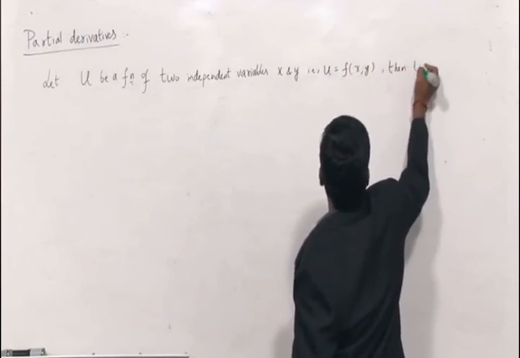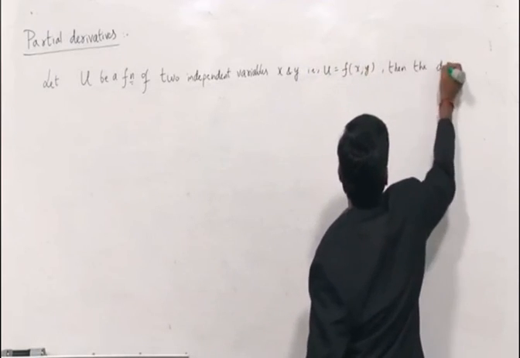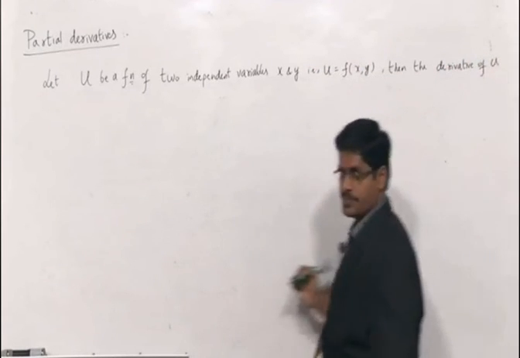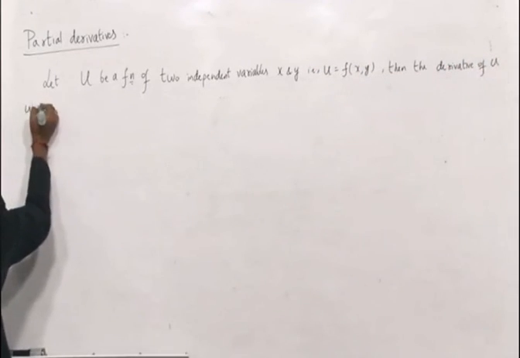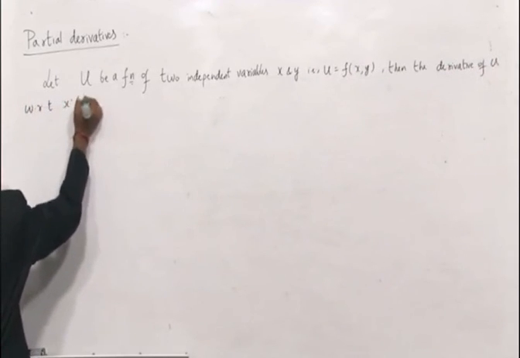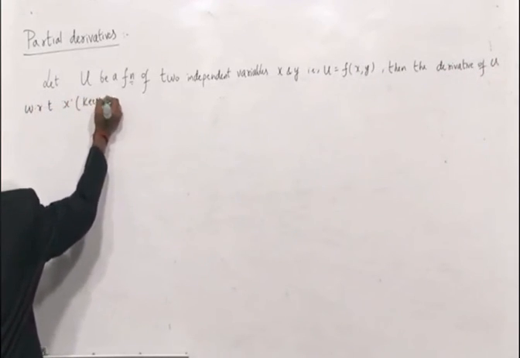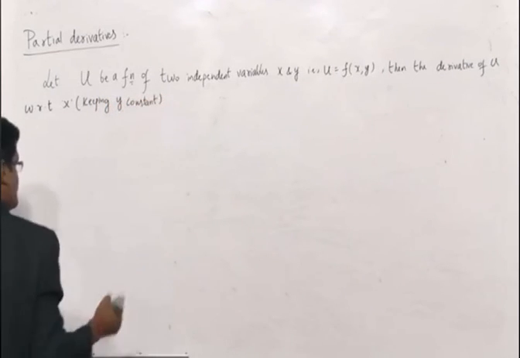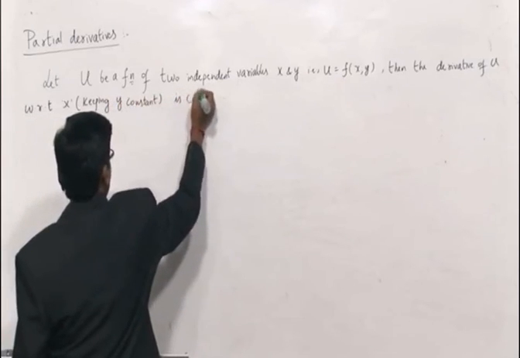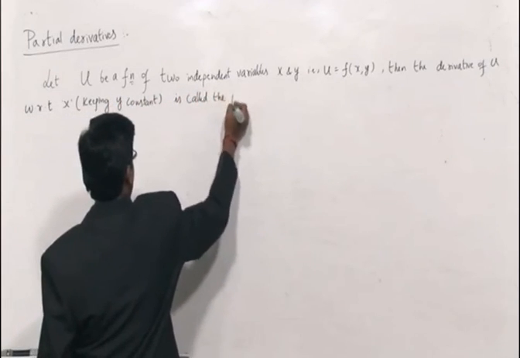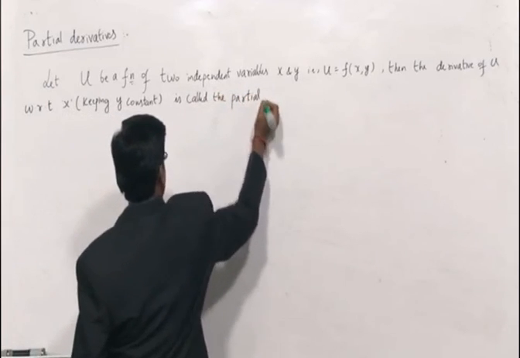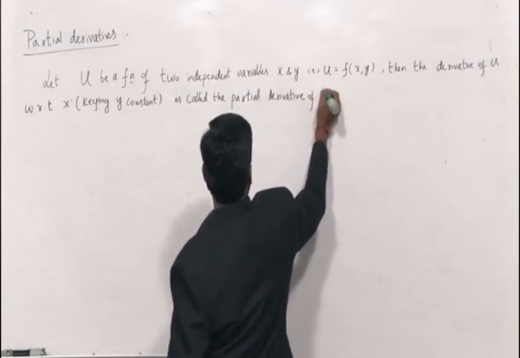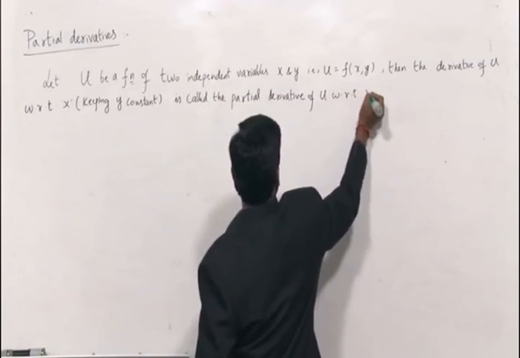Then the derivative of u with respect to x, keeping y constant, is called the partial derivative of u with respect to x.